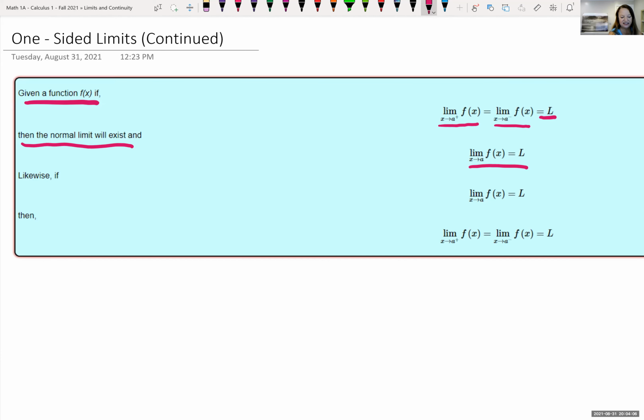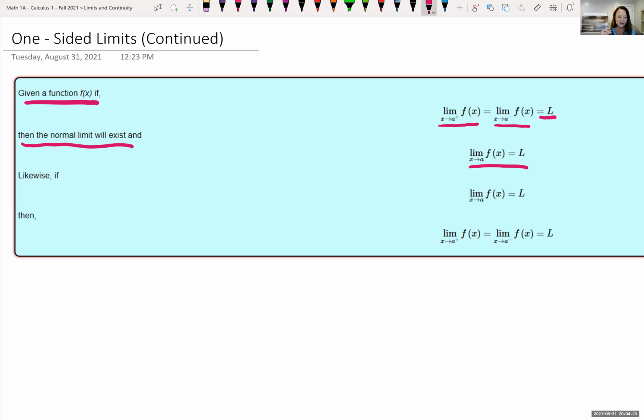We can say that the limit as x approaches a of f of x is equal to L. So the left-hand side limit equals the right-hand side limit. That's L, then the limit exists, and that is also L.